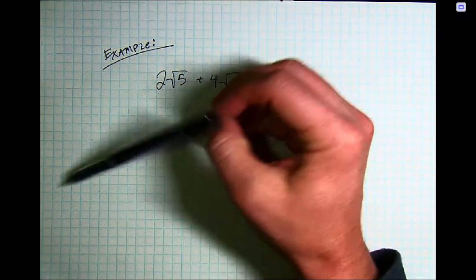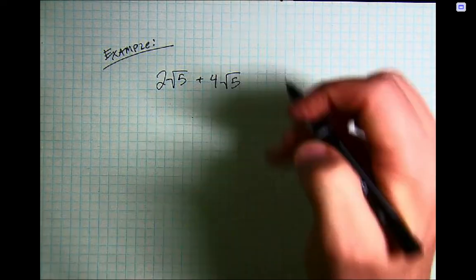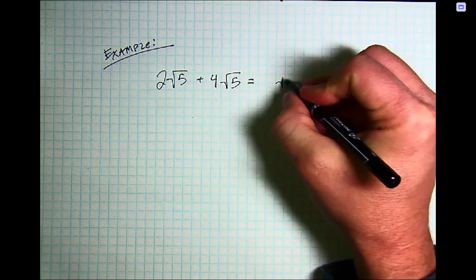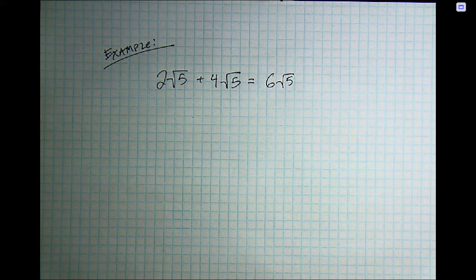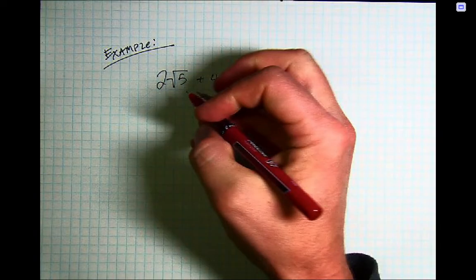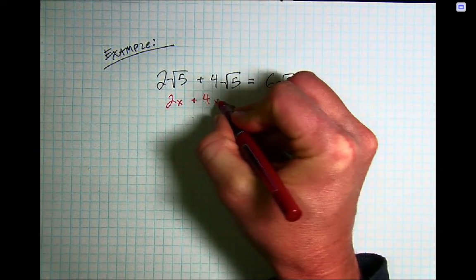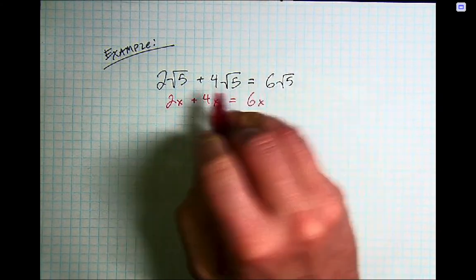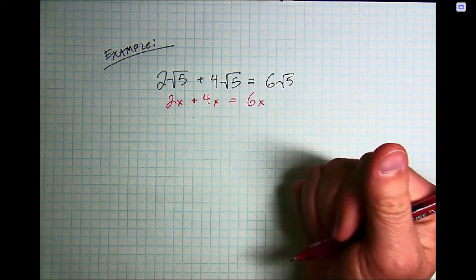Well, if you have 2 of something and then you have 4 of the same thing, how many of that thing do you have? 6 of them. Easy. Super easy. Like, too easy. Could it possibly be this easy? Yeah, it is. Basically the way you want to think about this is as if this was 2x plus 4x. It'd be 6x. Think of those radicals kind of the way that you think of variables in this context.